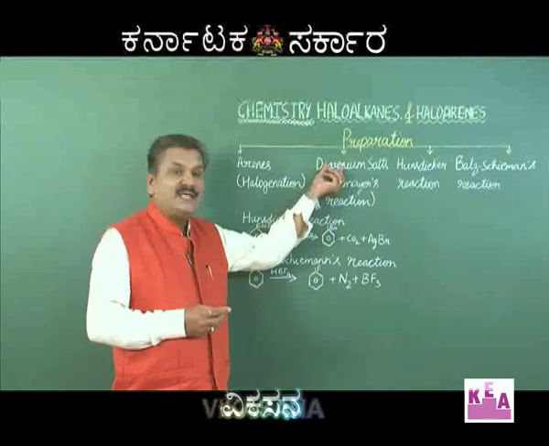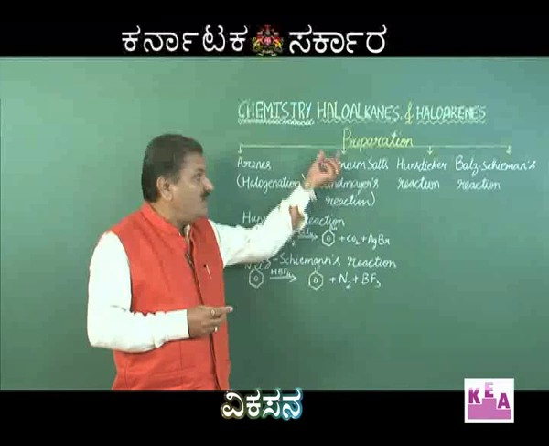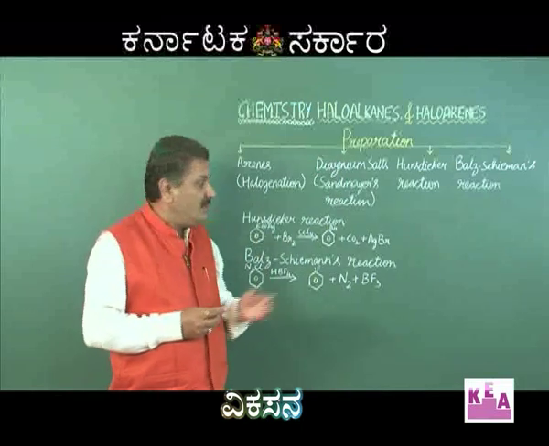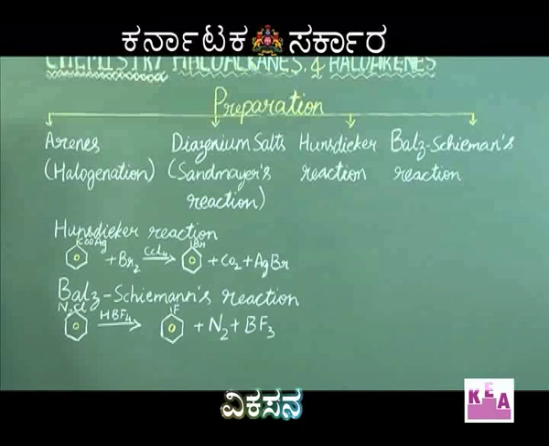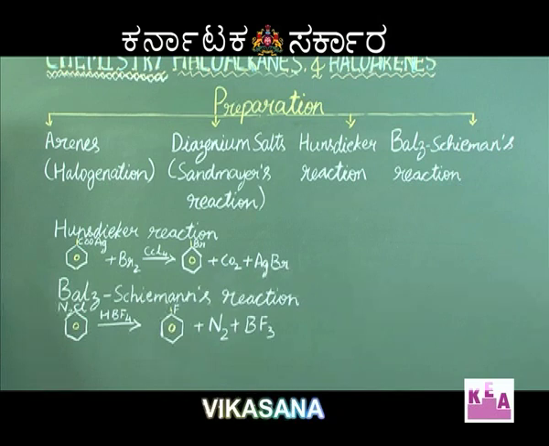This benzene diazonium chloride is then converted into haloarenes by Sandmeyer's reaction. Say for example, benzene diazonium chloride on reaction with cuprous chloride in HCl gives chlorobenzene. If it reacts with cuprous bromide in HBr, it gives bromobenzene.